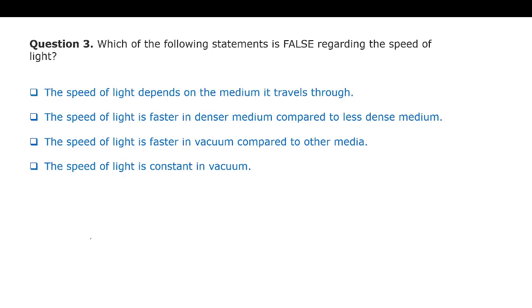Option 2: the speed of light is faster in denser medium compared to less dense medium. Option 3: the speed of light is faster in vacuum compared to other media. And the last option: the speed of light is constant in vacuum. So which is false regarding the speed of light here? Could you please answer it?